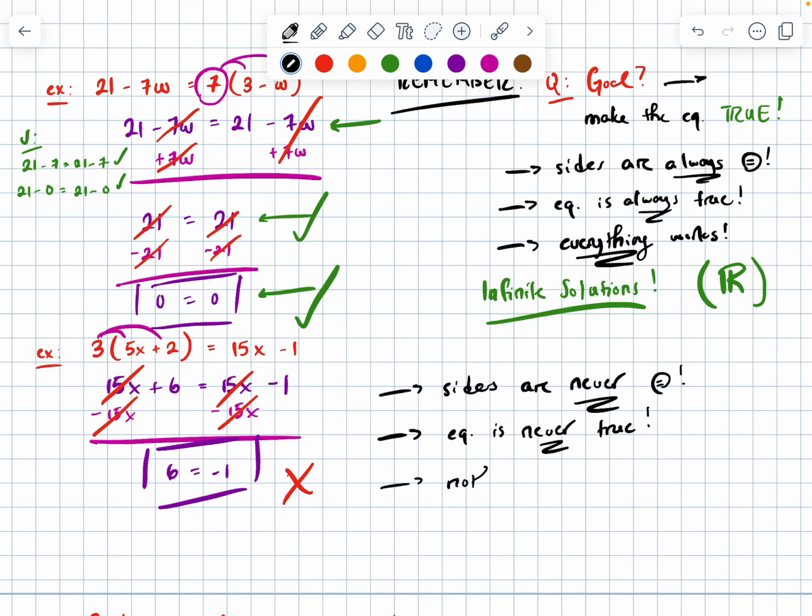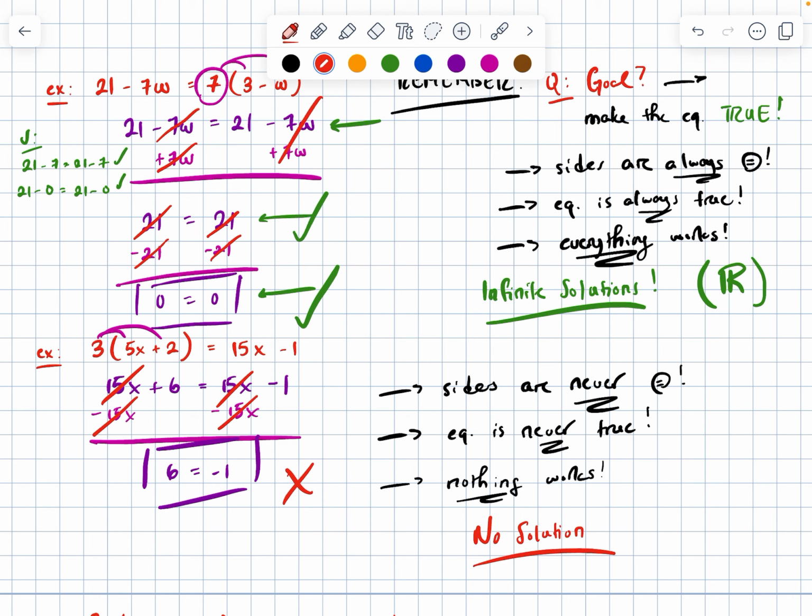So if the equation is never true, it is fundamentally false, nothing that I plug in can ever make this equation true. So is there a solution to this equation? Well, it turns out no. The answer to this question, there are no solutions to this problem.